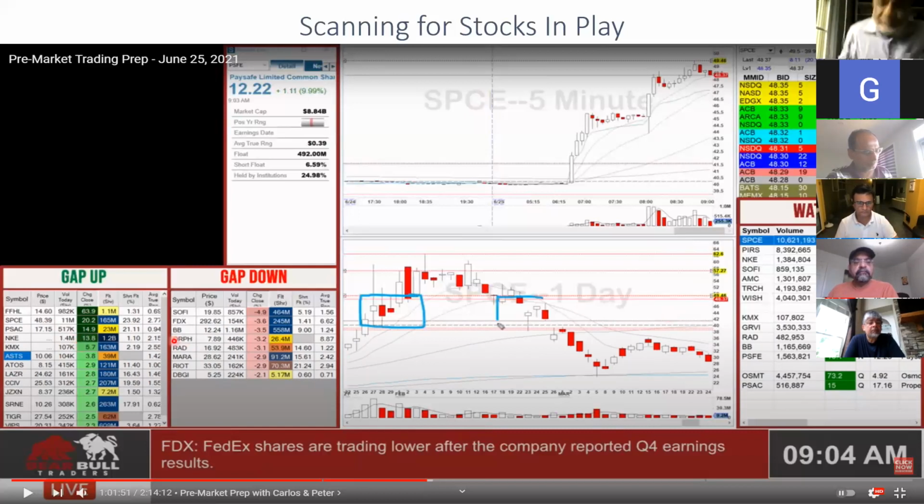From those, they analyze their charts and finalize their watch list, which is on the right here, divided into 3 different lists. On the top is priority number 1, then priority number 2, and the least priority.